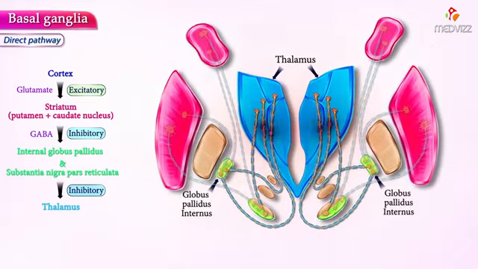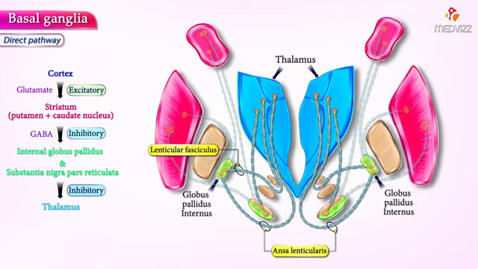These fibers going from the globus pallidus to the thalamus form two fascicles of white matter called the ansa lenticularis and the lenticular fasciculus that, before entering the thalamus, fuse into one pathway called the thalamic fasciculus. Hence, the pathway from the globus pallidus internus to the thalamus is again an inhibitory pathway.